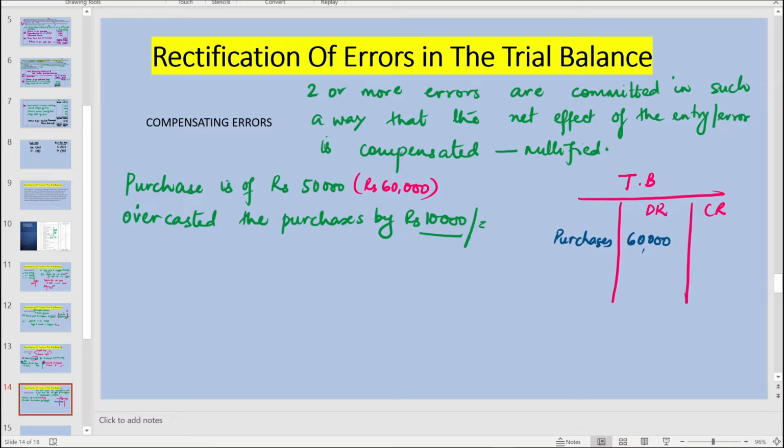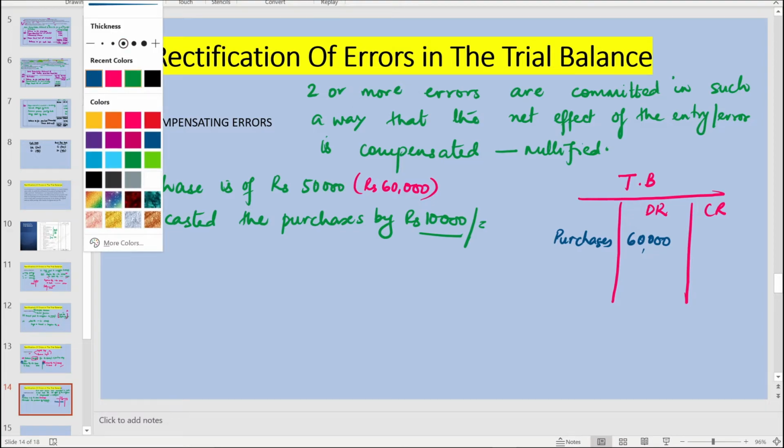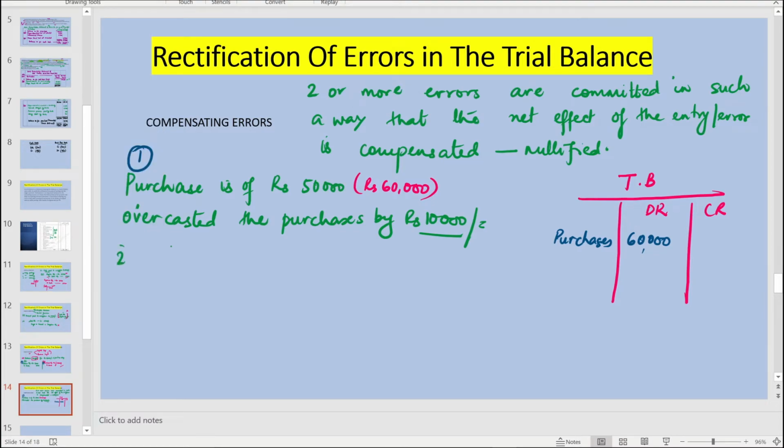But what is the other compensating error the accountant has done? One error is this. The second error the accountant would have done is undercasting. I'm just taking these examples, okay? Undercasting sales returns by 10,000, by the same amount.